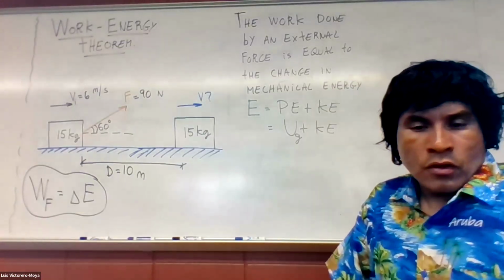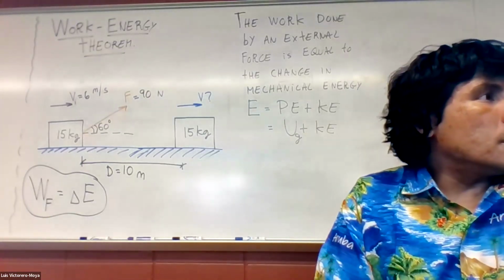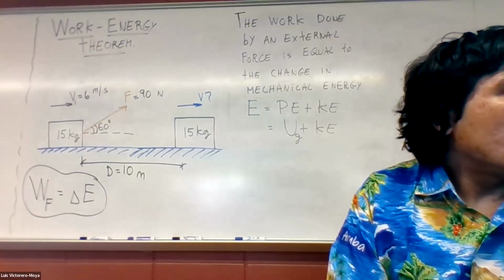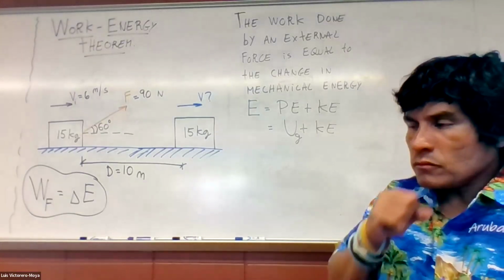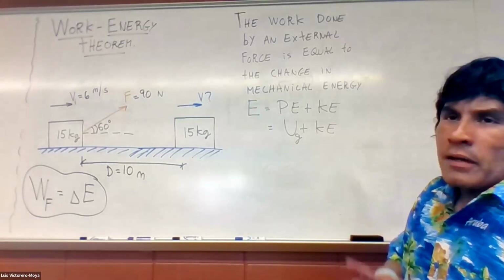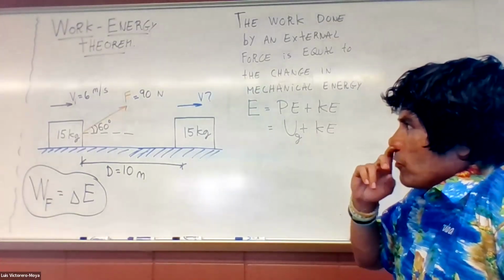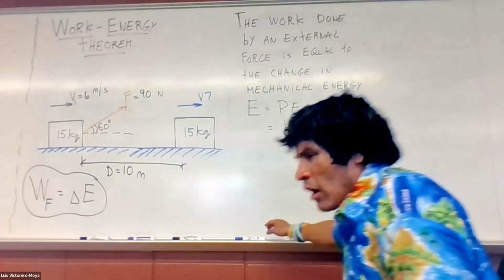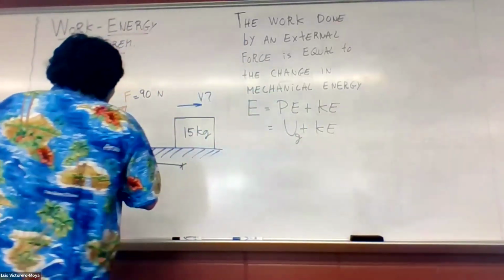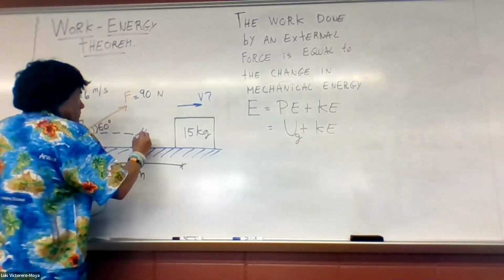All right, guys. So let's continue with this section of energy. Now we are going to introduce external forces. Similar to what we had at the beginning with work, you have a 15 kilogram mass on a surface without friction. So no friction here, for now.